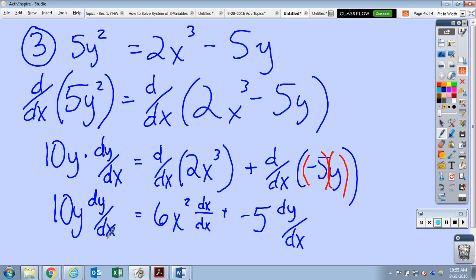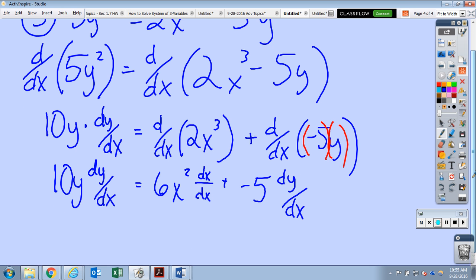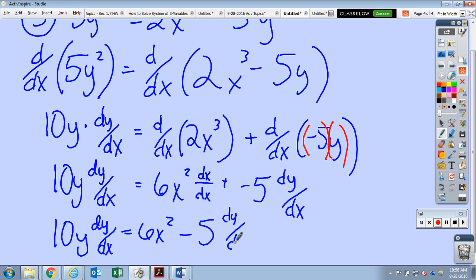Again, this is dx and dx, that's a ratio of 1 to 1, just 1. So now it's just simple algebra. I want to have dy dx on one side, and then everything else on the other. All right, I'm going to shrink this down a little bit.